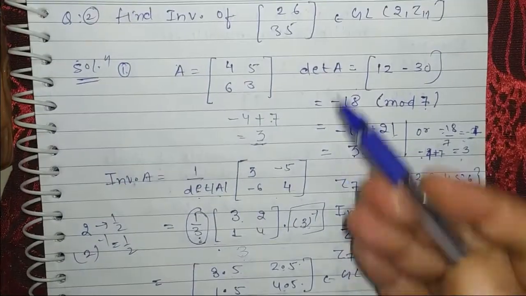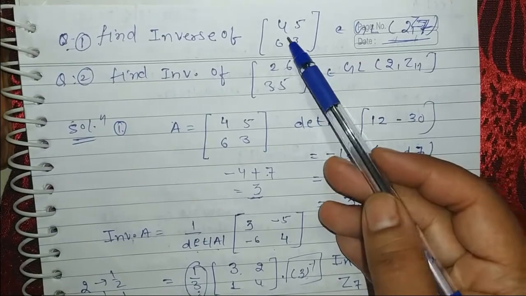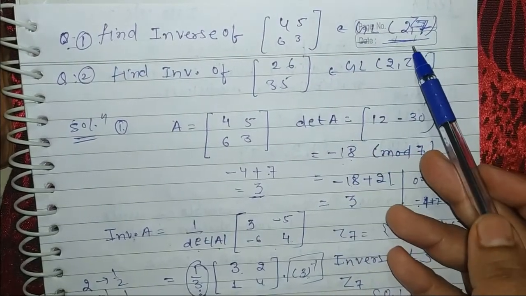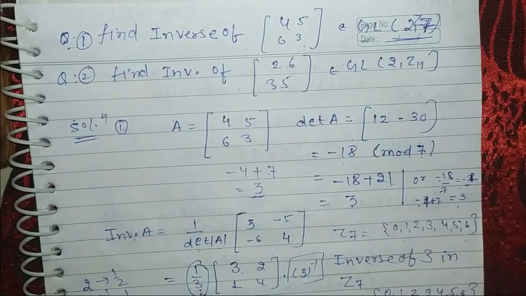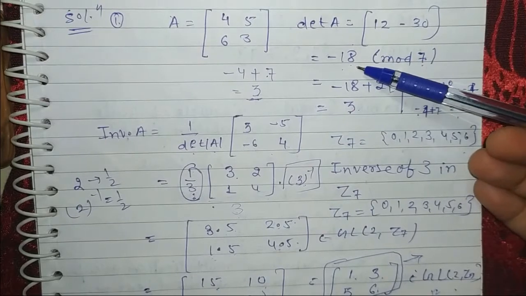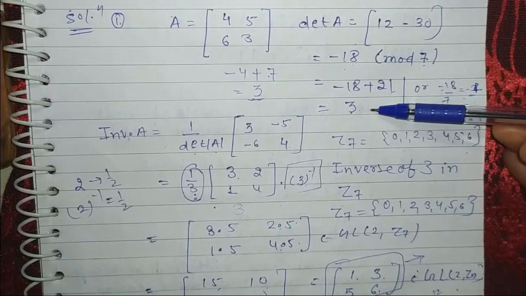Now the next example is finding the inverse of a matrix where the matrix is 4, 5, 6, 3 and the entries belong to Z7. Look at this: the determinant of this matrix is -18. After applying modulo 7, its determinant is 3.